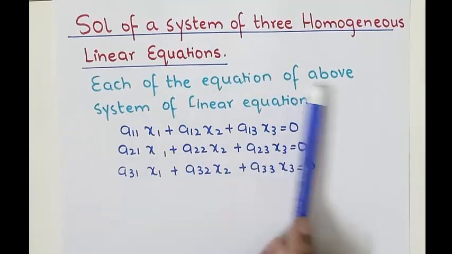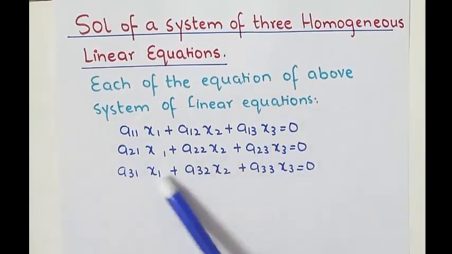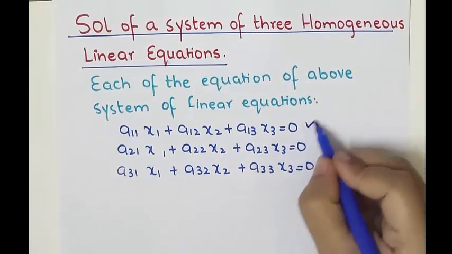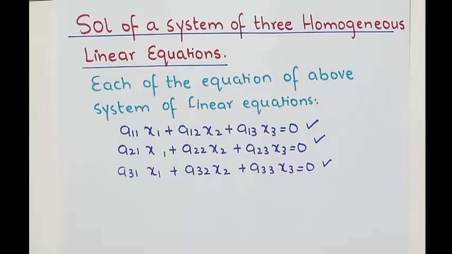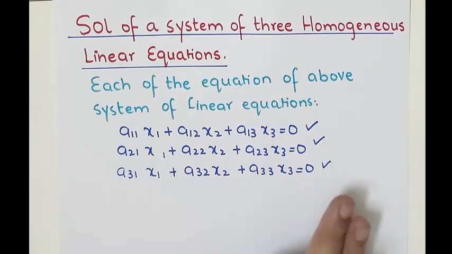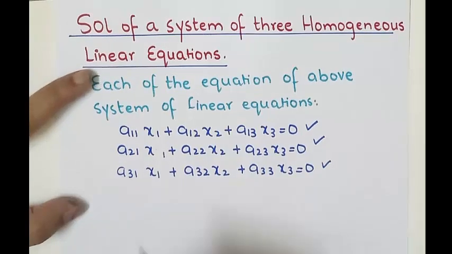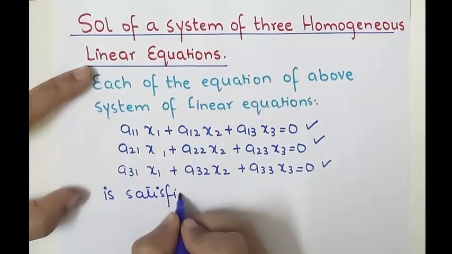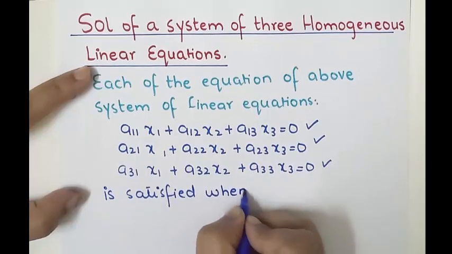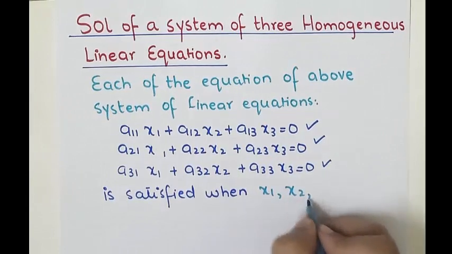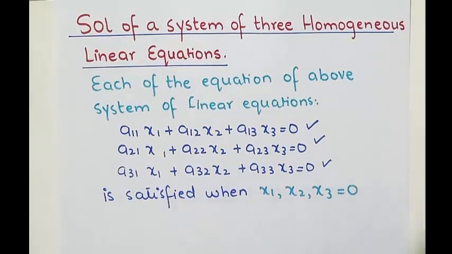Each equation of the above system of linear equations, whose constant values are all equal to 0, is always satisfied when x1, x2 and x3 are equal to 0.